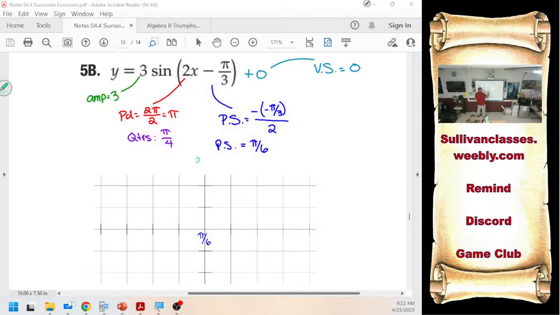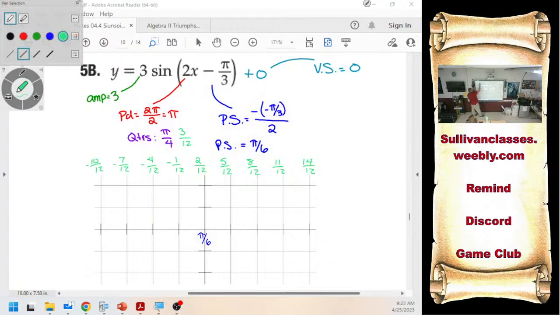So if I called this 2 over 12 pi, and I'm going to keep adding 3 over 12 pi, then I'll have 5 pi over 12, 8 pi over 12, 11 pi over 12, 14 pi over 12. I'll have a negative pi over 12, a negative 4 pi over 12, a negative 7 pi over 12, a negative 10 pi over 12.